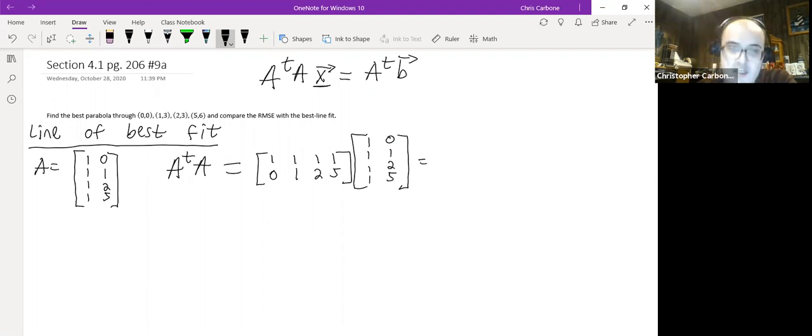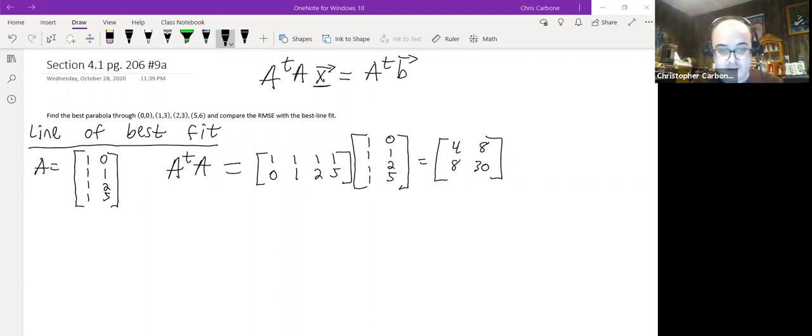Doing this multiplication out, we get a lovely 2 by 2 matrix. This would be 4, 8, 8, and 30, for the left-hand side of that equation.